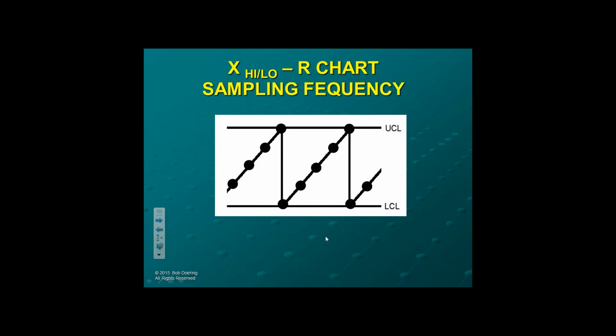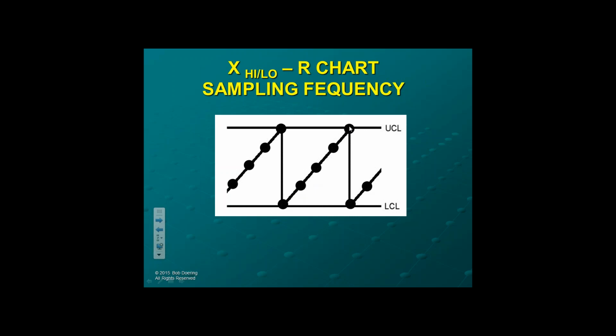However, in the X-high-low R charting sampling, it's actually a sane sampling frequency. What we're looking at is the time it takes for the process to go from the lower control limit to the upper control limit. And we take that sampling time and divide it by 5. If it takes a week to make that change, then you could do one every day if it wasn't for needing to take more data just to make sure you're not missing any special causes.